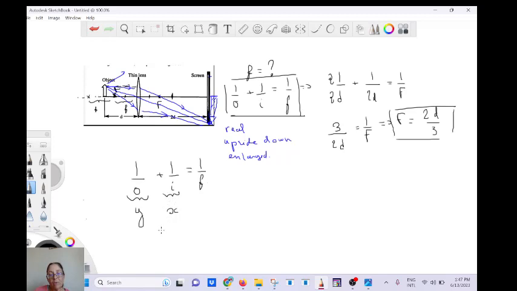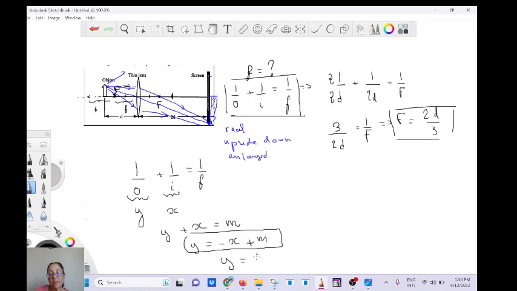So you're going to have Y plus X equals, and that's just a constant, so I'm going to call that M. So Y equals minus X plus M. So you see, this is the equation of a straight line. That means that the minus here is just minus 1. That's the slope.